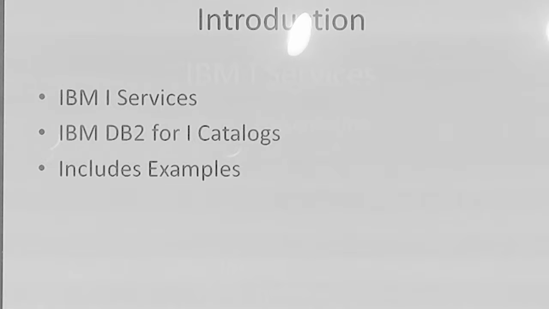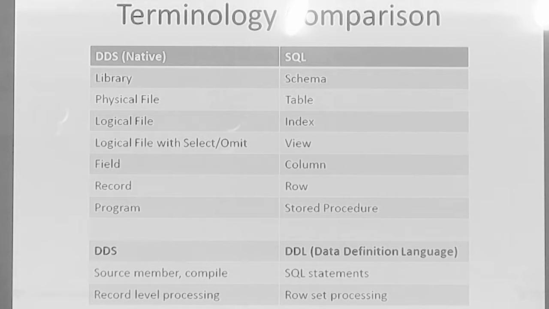I'm including some examples with pretty much each of them. A little bit of terminology comparison: I'm going to be using primarily the terms over on the right side, because these are SQL views, SQL procedures, user-defined table functions, and it's all for SQL. And rather than call it a library, I'm going to refer to it as a schema.